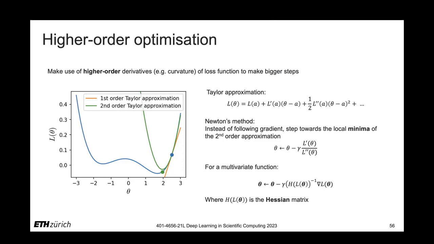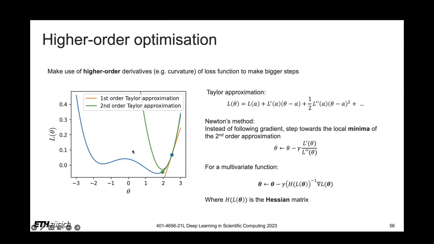So what other information can we use? One is to use the curvature of the loss function instead of just its gradient. By curvature, I mean the higher order derivatives of that function. And so you can start thinking of using more and more derivatives of your function to help you explore the loss function.